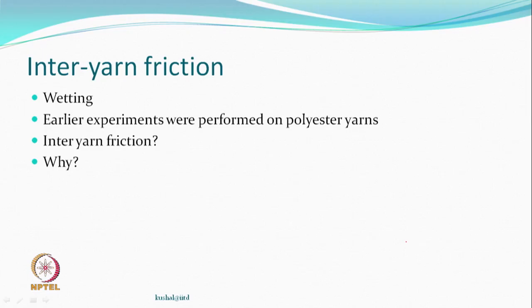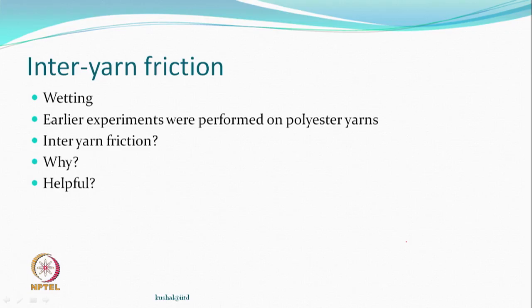Why? Because between the two fibers there is an inter-fiber hydrodynamic layer, where shear can take place between the two filaments, and so it will be important that it can reduce the friction. Will it be helpful? Yes, it was helpful.